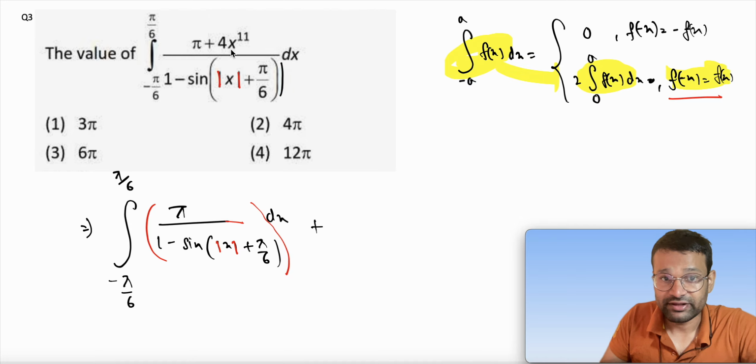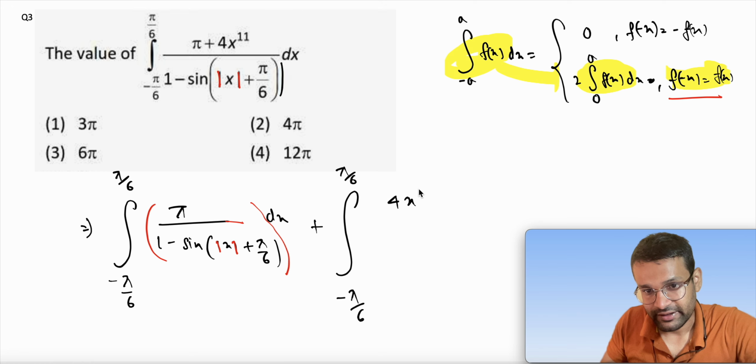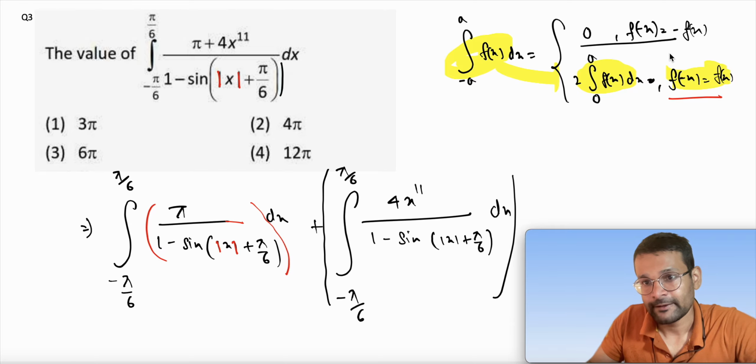But this one was an odd function. Here from minus pi by 6, this was odd because here is the odd power, x to the power 11, over 1 minus sine of mod x plus pi by 6 dx. So this is completely zero because of this one.